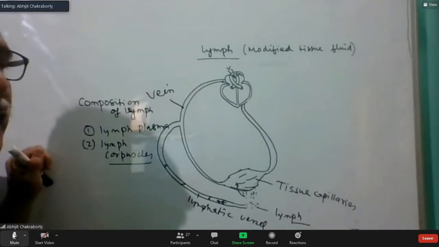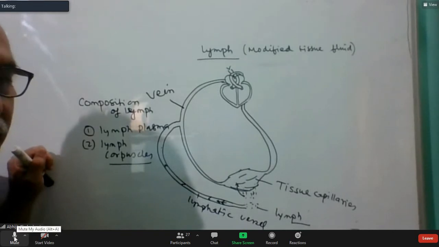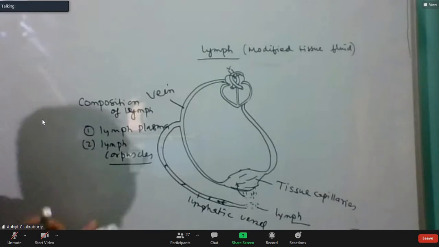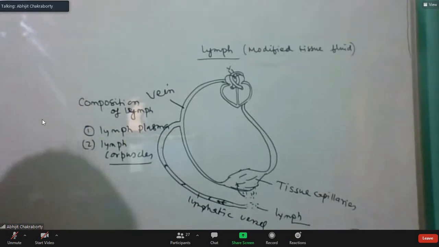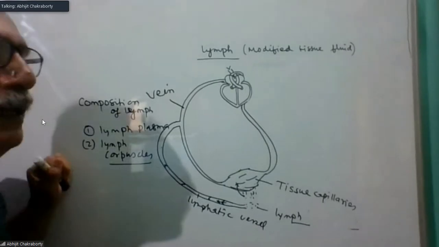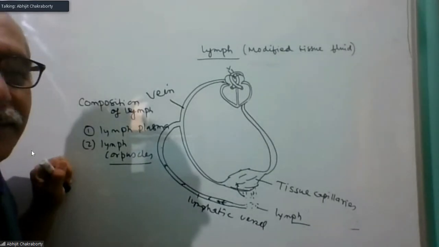Lymph vessels enter the blood, enter the vein, not directly joined to the vein, but through capillaries. I am showing here, but remember this thing, through capillaries it enters the vein again. Are you getting me?